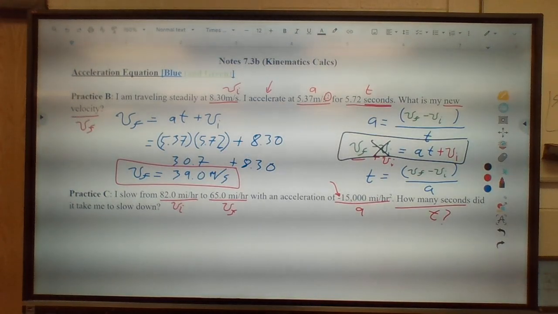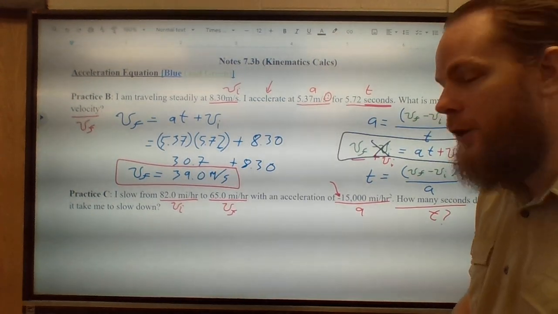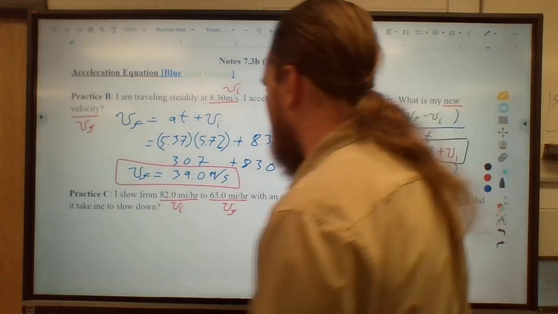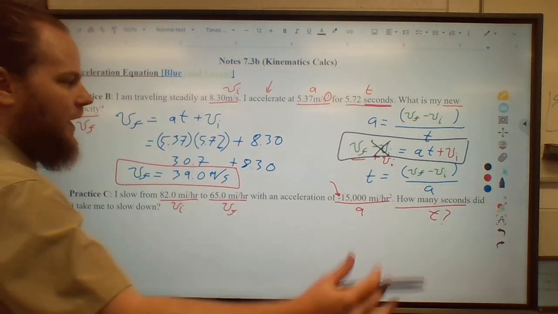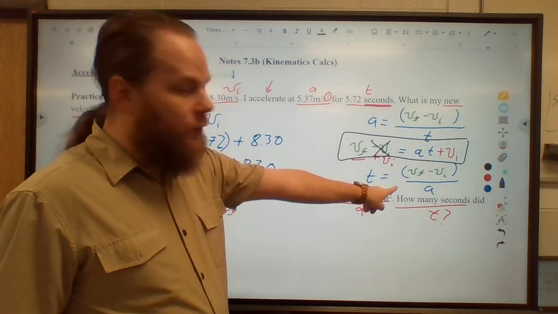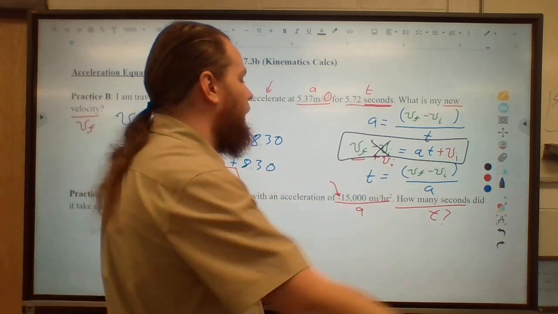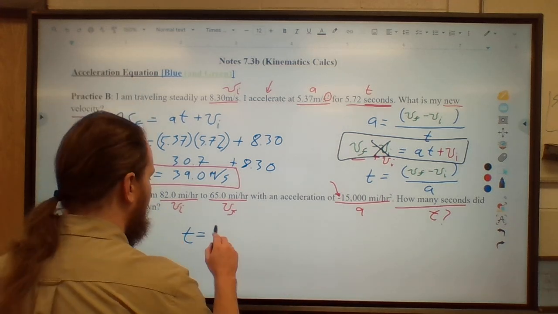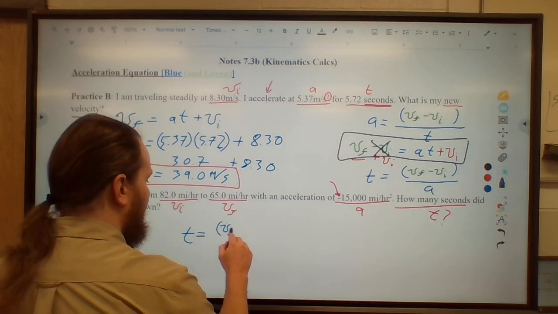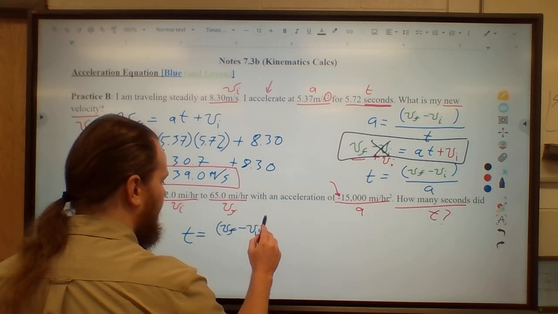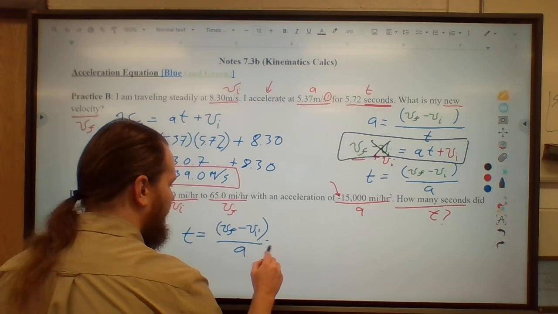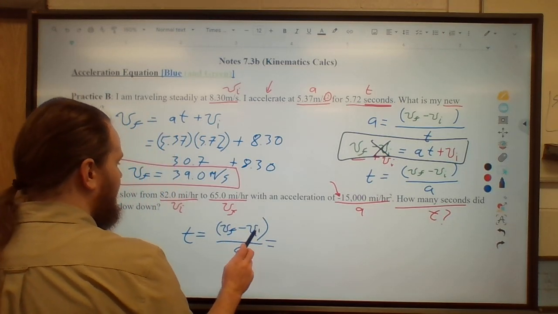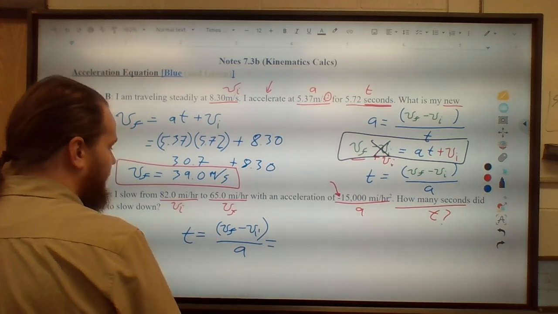All right, I am now going to move on under the assumption that you have done this calculation. You have an answer that you are looking at. So, obviously, if we're looking for T, we need to use the equation that's solved for T. So, T is equal to Vf minus Vi over A. So Vf minus Vi, that's going to be 82 minus 65.